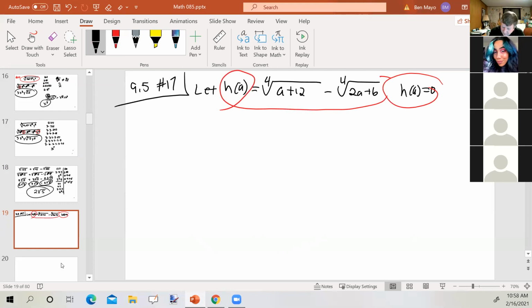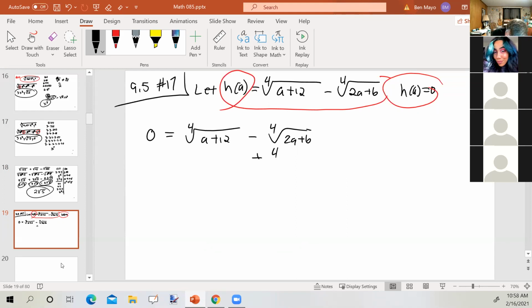Now our equation becomes 0 equals the 4th root of a plus 12 minus the 4th root of 2a plus 6. I've got an equation with 2 radicals. I want to separate them. I'm going to add the second radical to both sides so that we get rid of that negative sign.